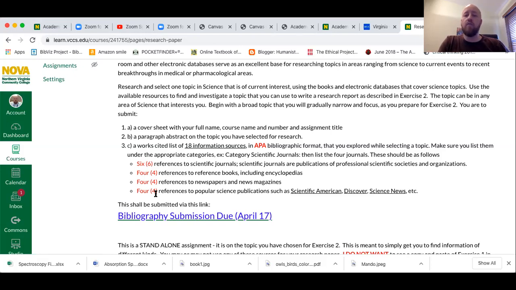Especially now if you're working virtually, emailing the librarian to get help, or chatting with them on text or on the chat functions from the library are good ways to get help.